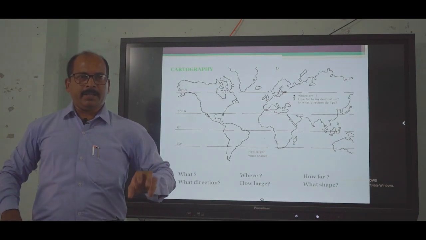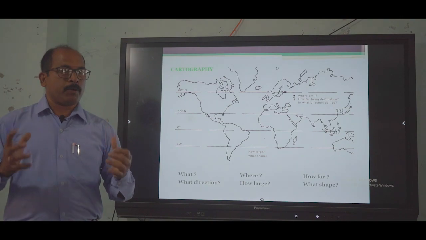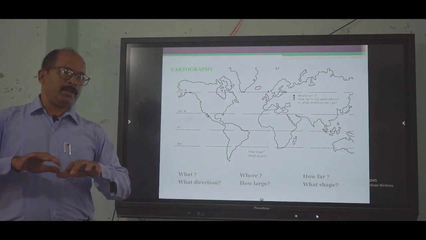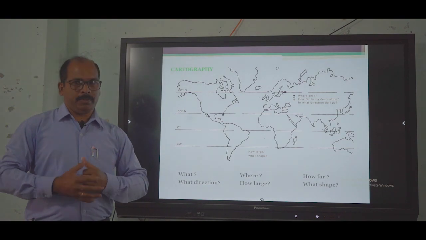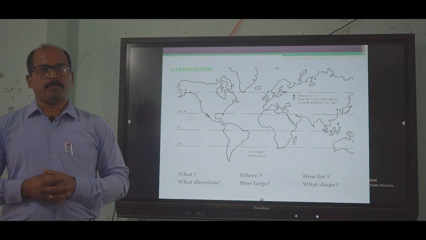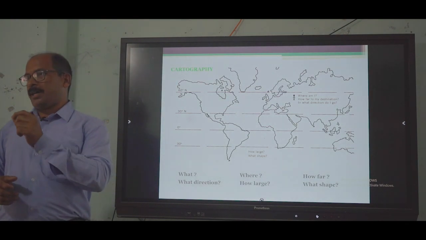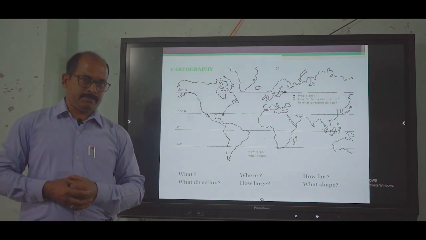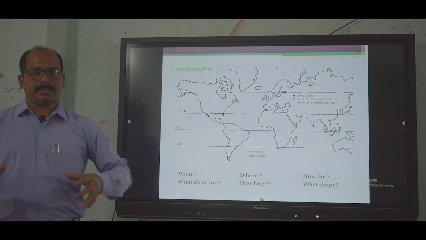So cartography deals with preparing, designing and producing maps of the whole earth's surface or a part of it. It is the basis of the art and science of preparing maps. In geography, maps are essential tools, and maps represent the whole earth's surface.